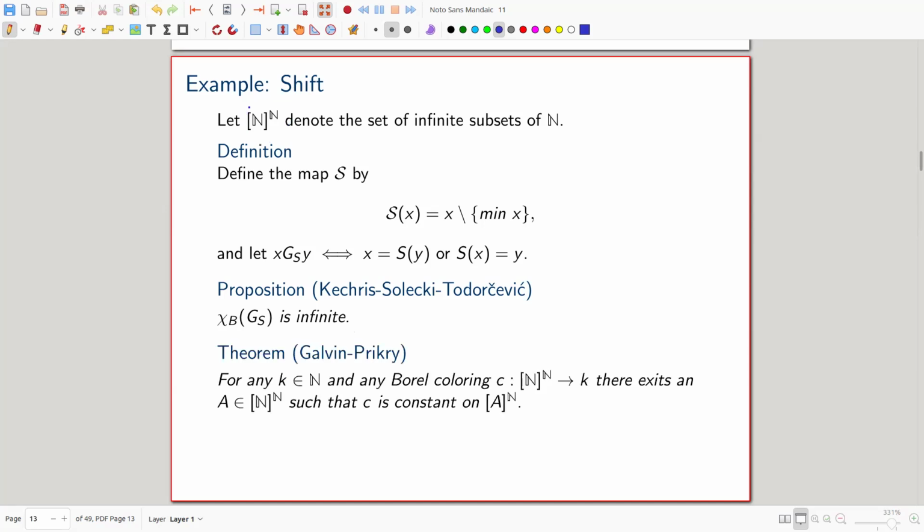However, if you instead require that the coloring is nice, that it's Borel, and most reasonable colorings just happen to be Borel, then this is a theorem, and a highly non-trivial theorem actually, of Galvin and Prikry. It says that if you have a Borel finite coloring of infinite subsets of the natural numbers, then there is an infinite subset A such that all further infinite subsets of A have the same color.